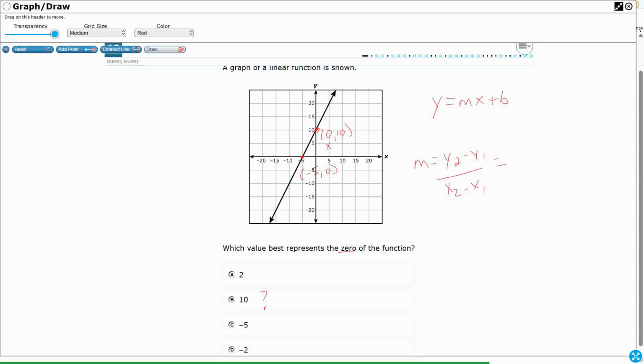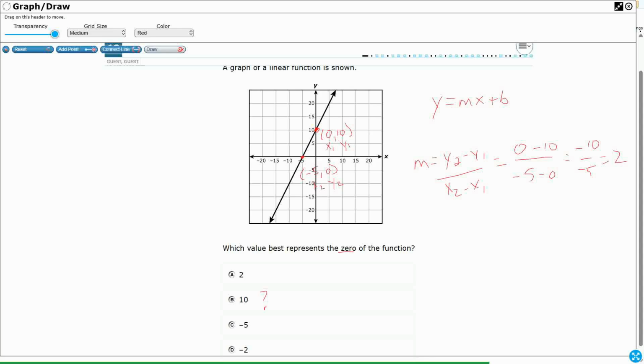Let's make this x1 and y1, and this x2, y2. You could flip those if you want, it doesn't make any difference. 0 minus 10 over -5 minus 0, so that's going to be -10 over -5, which is 2. All right, so that's our slope.